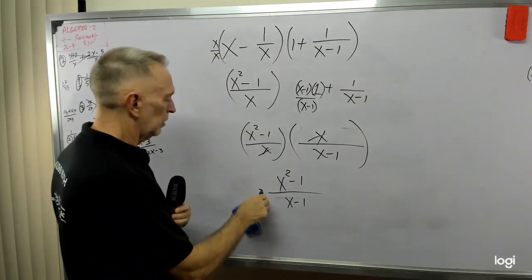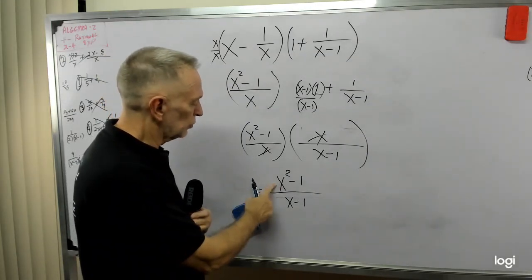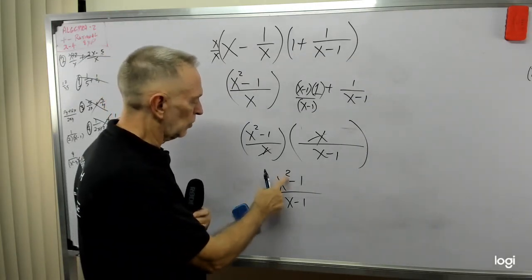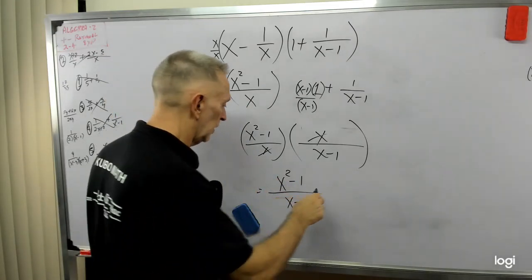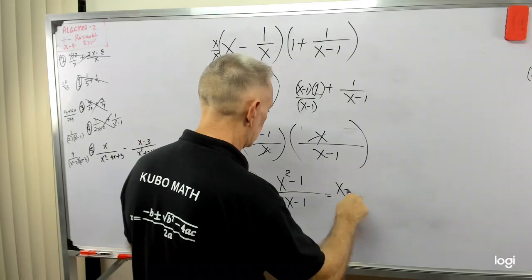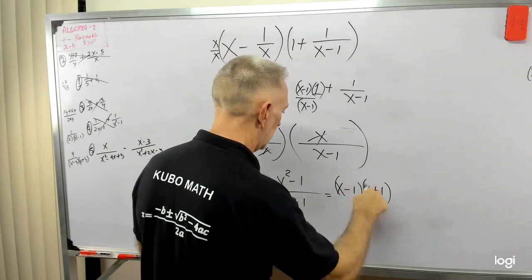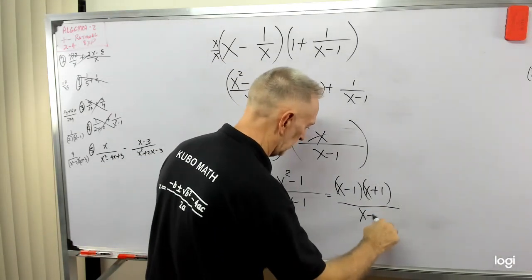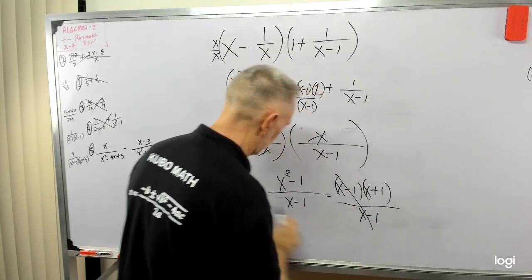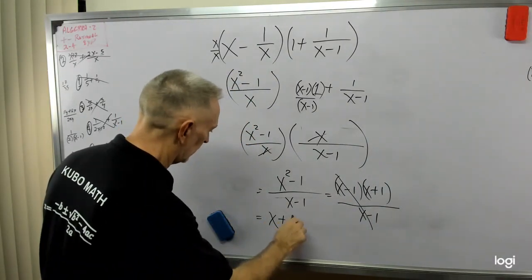You'll notice this is the difference between two squares. This is x squared minus 1 squared because 1 squared is 1. So that means this is x minus 1, x plus 1, which is still over my x minus 1. That cancels, and I just end up with x plus 1. Wow.